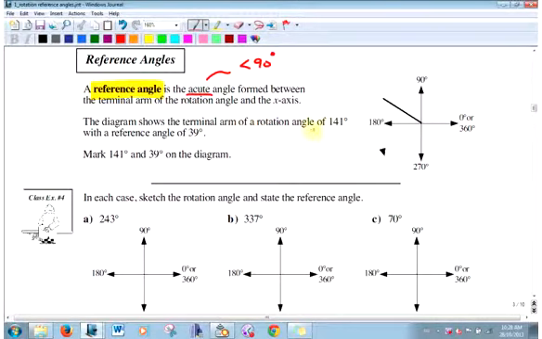This shows a rotation of 141 degrees. Where's the reference angle? Well, let's read it again. It has to be less than 90. It's not 141. It's the angle formed between the terminal arm and the x-axis. That is right here. Here's the x-axis. Here's the terminal arm. Okay, that's the reference angle.